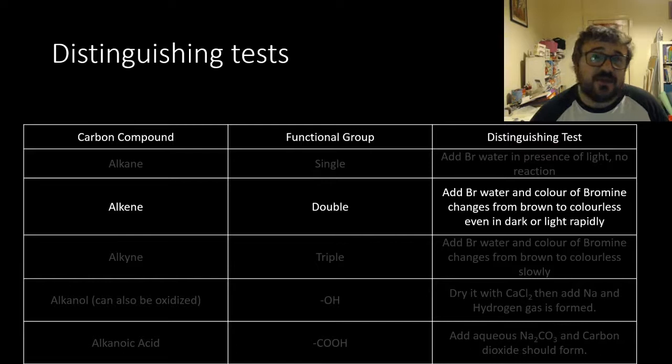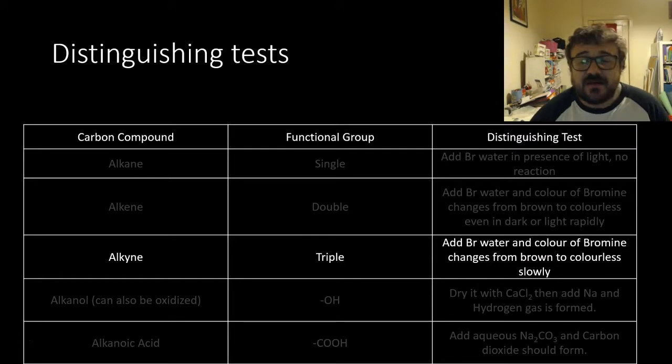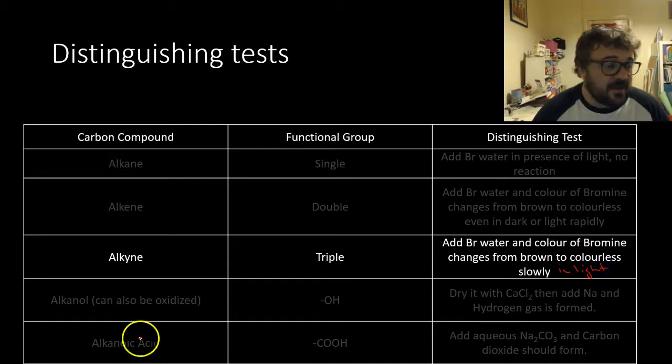If it's an alkene, though, and we add bromine, the color of the bromine changes from brown to colorless, even in the dark or light, so either way, rapidly. But if we have an alkyne, and we add bromine water to it, the bromine changes from brown to colorless slowly in light. That's the difference between these two.